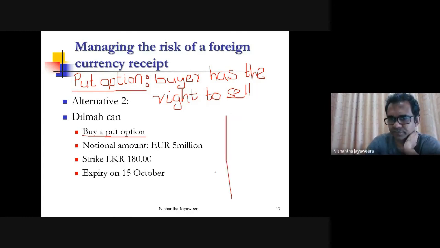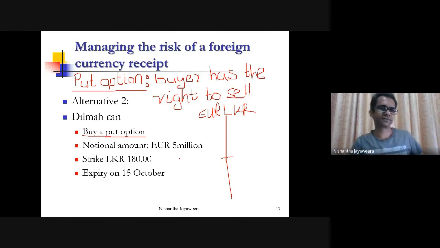So what is the underlying asset in this example? It is the exchange rate of Euro LKR. The worry of the exporter is if this exchange rate goes down.